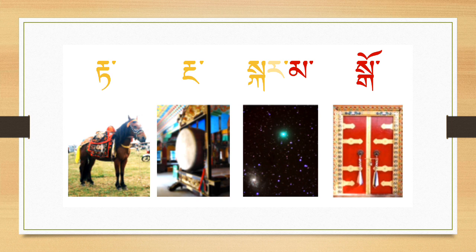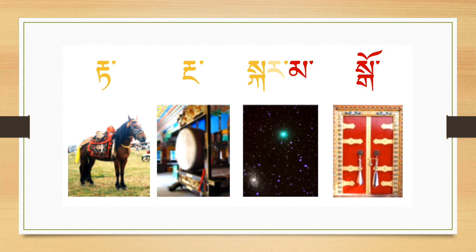The first, the horse, is ta. The drum is nga. That's a drum, a monastery drum. A star is karma. Karma, you know, in English, is the law of karma, right? And that's not what it means in Tibetan.